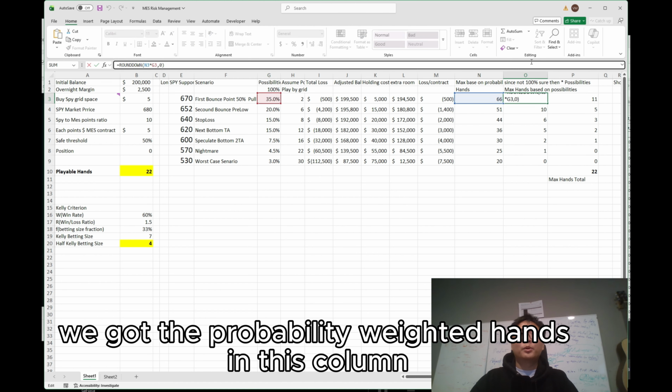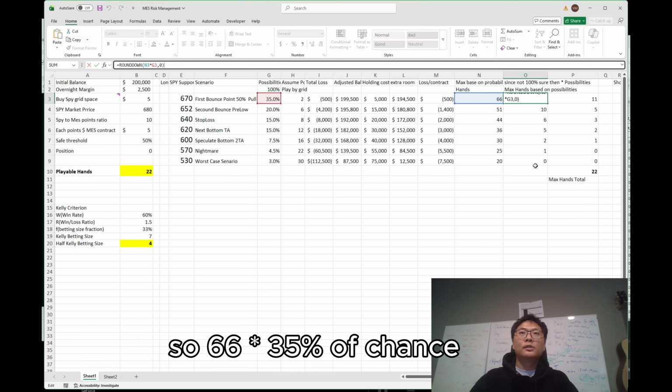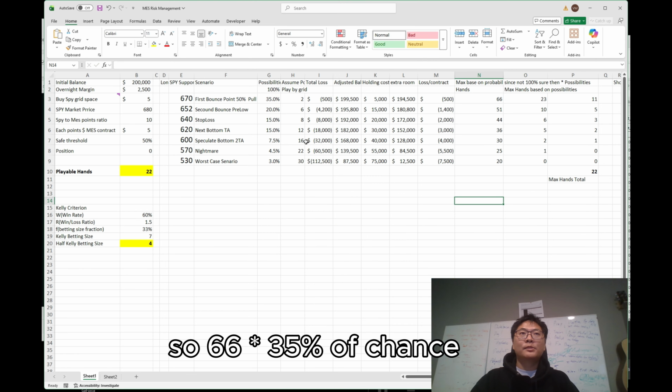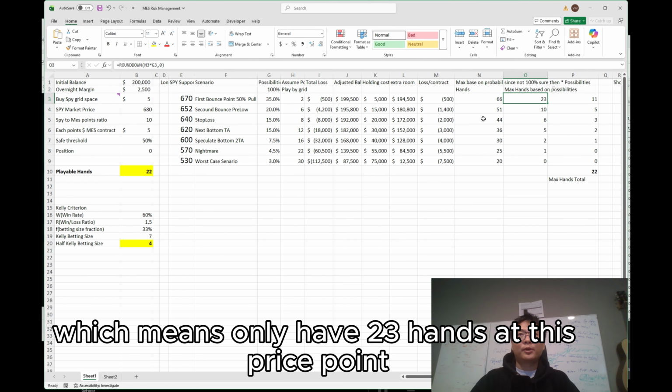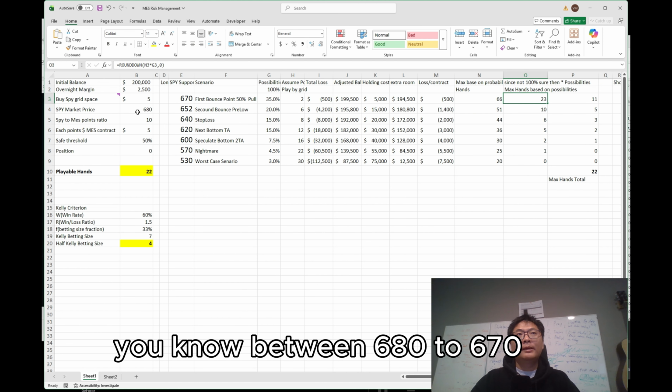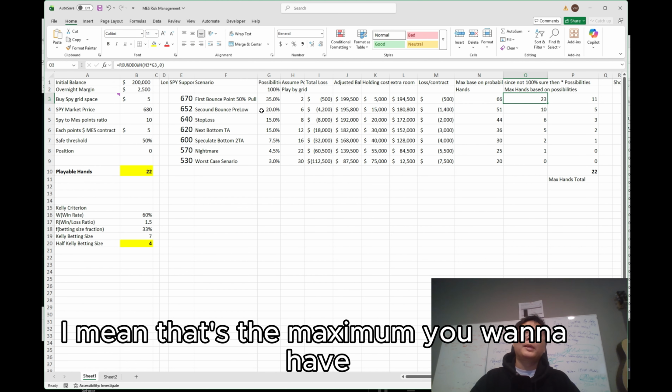We get the probability weighted hands in this column. So 66 times 35% chance is 23, which means you only have 23 hands at this price point, between 680 to 670. I mean, that's the maximum you want to have.